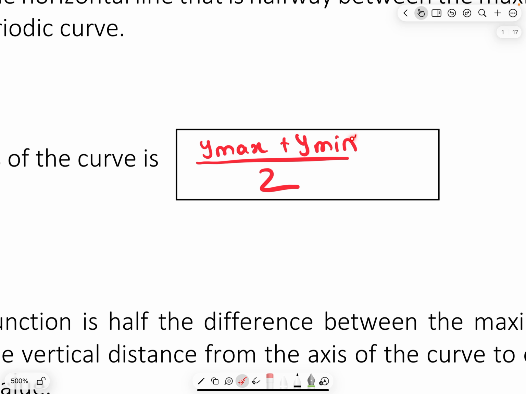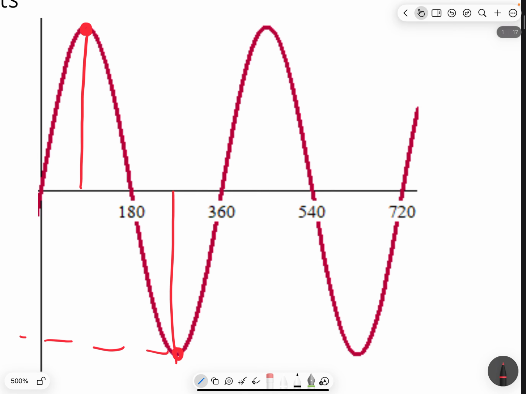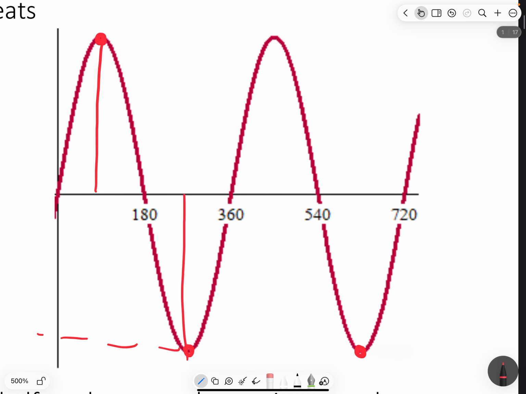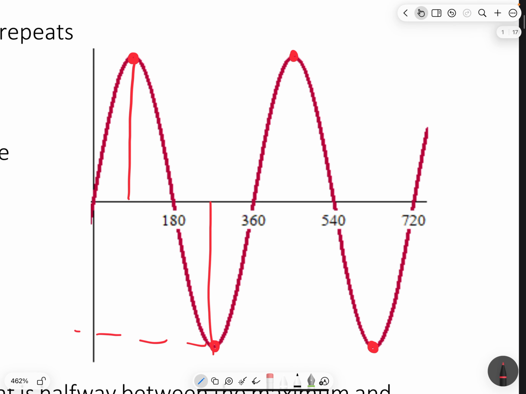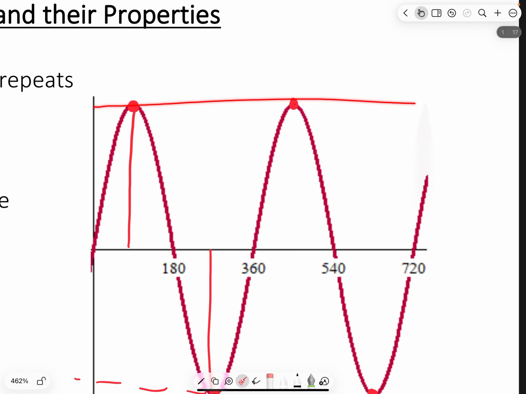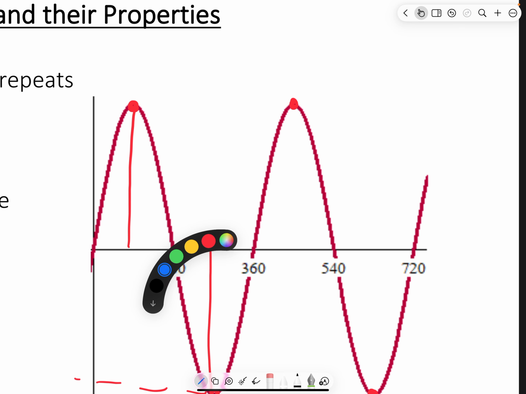Now to find the amplitude, we could apply some logic here. Let's say this is the minimum value and this is the maximum value. We could find the distance between these two values. I'll draw two lines here and color code them.